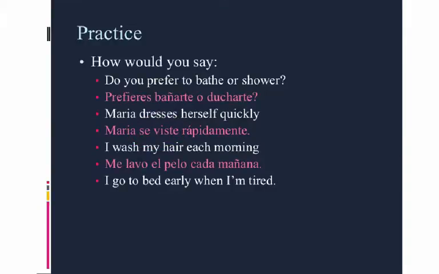And then I go to bed early when I'm tired. Acostarse is the going to bed, and that one is a stem changer, O to UE. So me acuesto temprano cuando tengo sueño. When I'm tired.